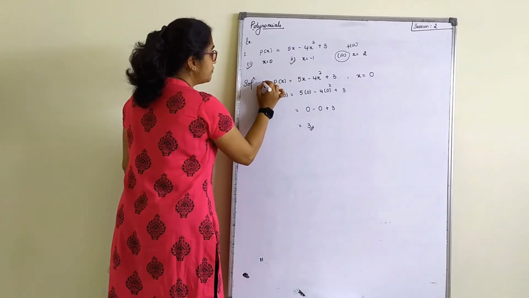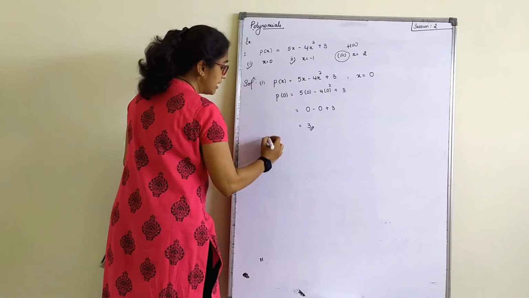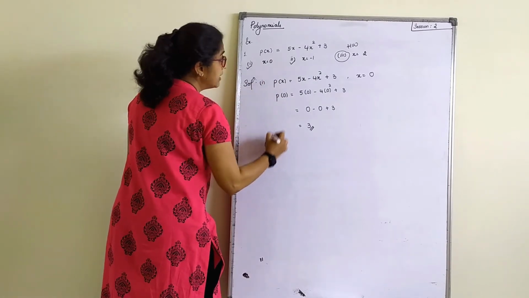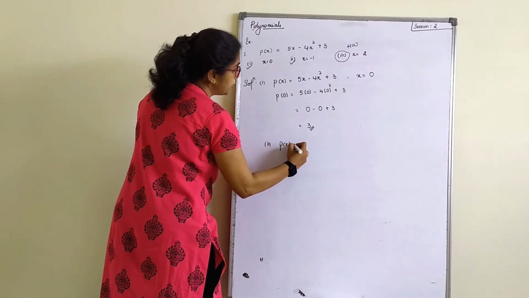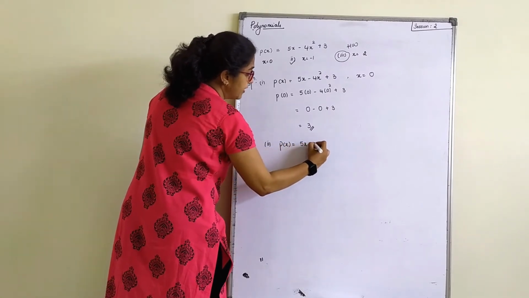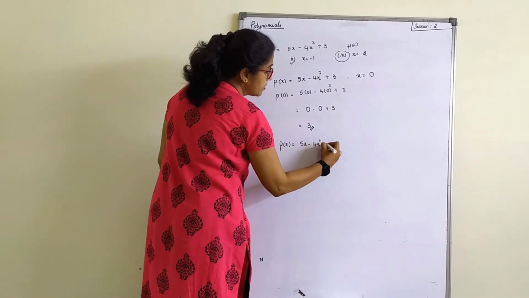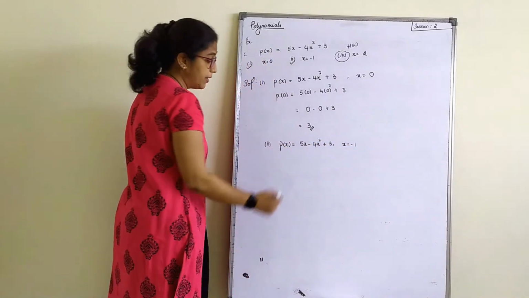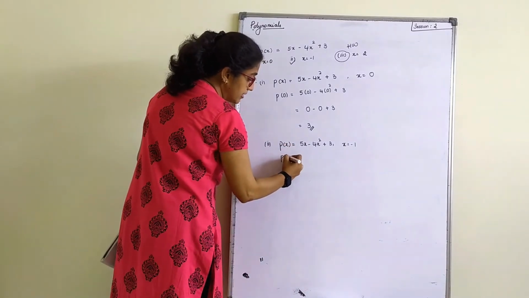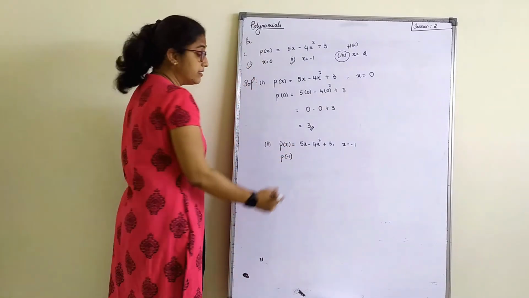Second part, so this is the first part what I have solved. Now second part I will solve. Again I will write the same question. P of x is equal to 5x minus 4x square plus 3 where x value is minus 1. So instead of x here I will write minus 1.